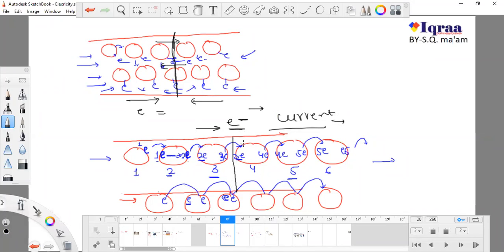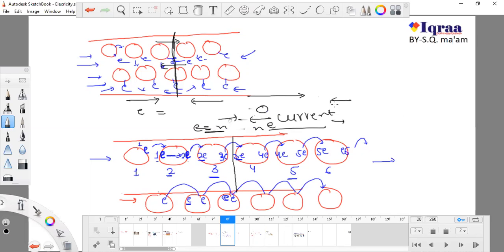And now if I want to calculate, then I will say the electrons which are moving from this surface, the number of electrons, I don't know the number, but I will definitely have a number. And electrons which are moving from here to here are zero. So there is only one path that electrons are moving from here to here, definitely in a number.